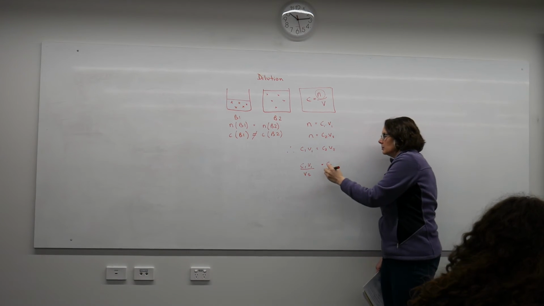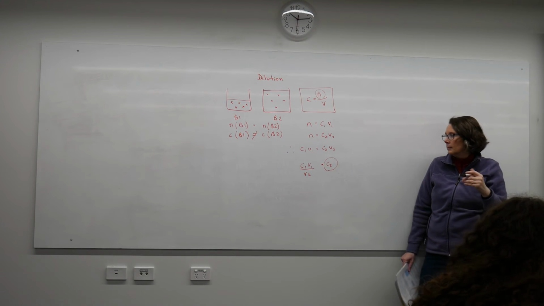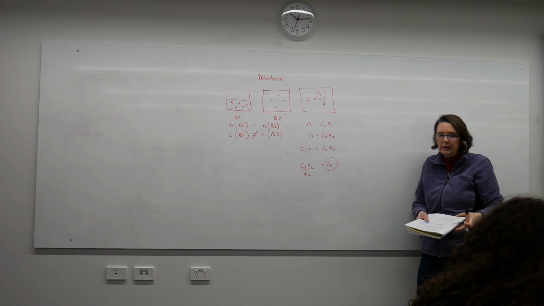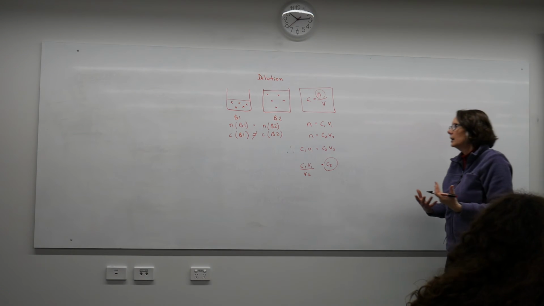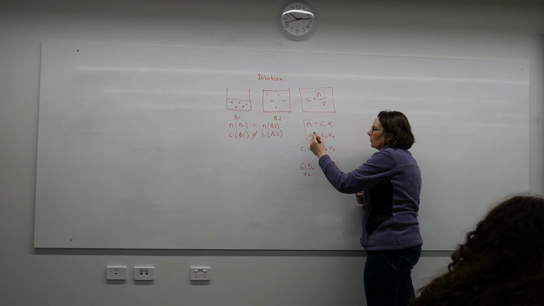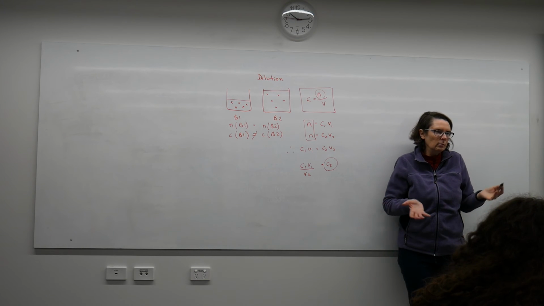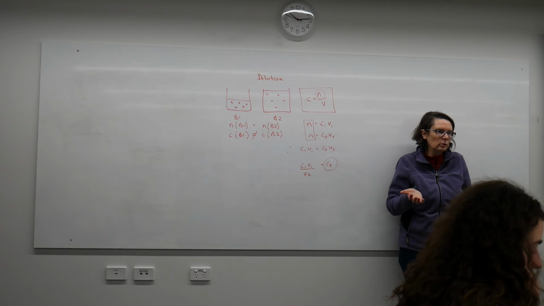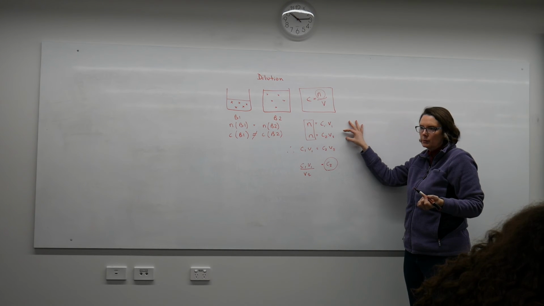And that allows me to find the new concentration. It can work for finding the volumes as well. But the key to understanding how this works is realizing that because the number of moles hasn't changed, it's the same number of moles, we're just diluting our solution, we can just work through the concentrations and volumes.